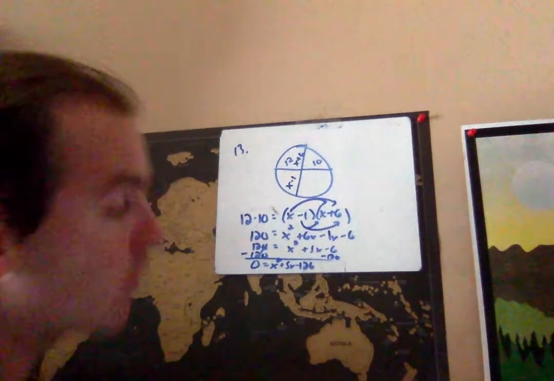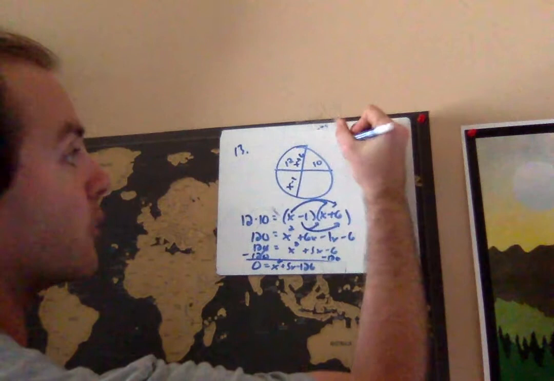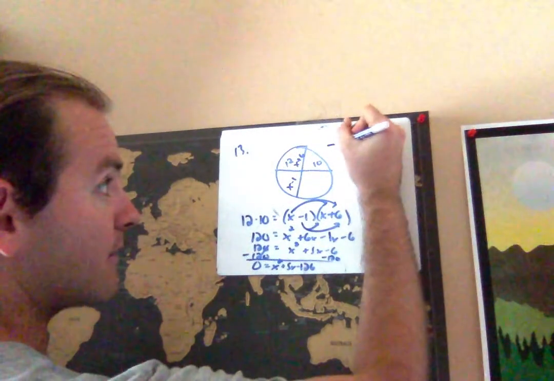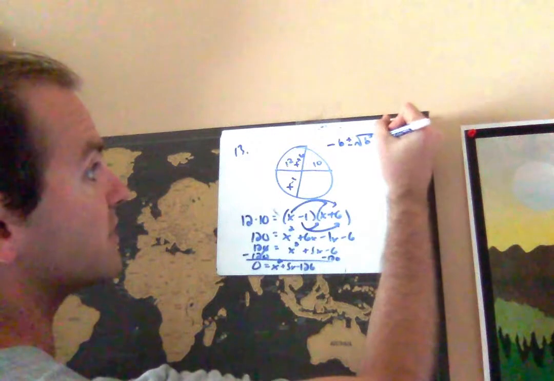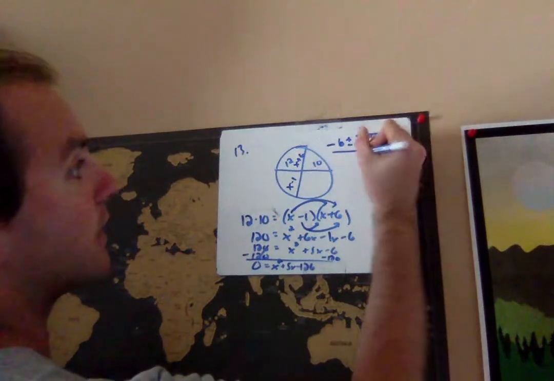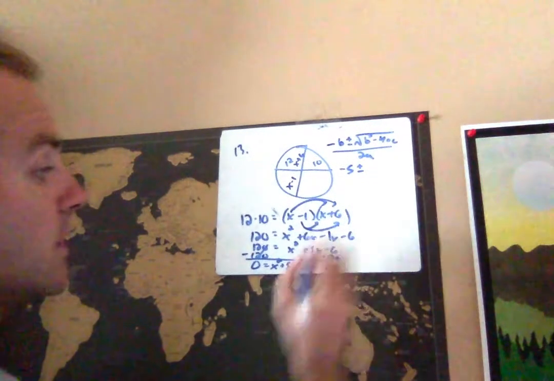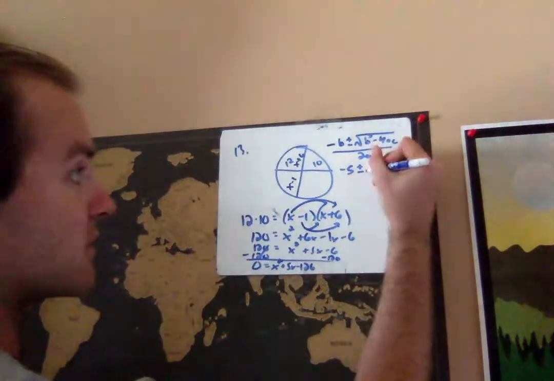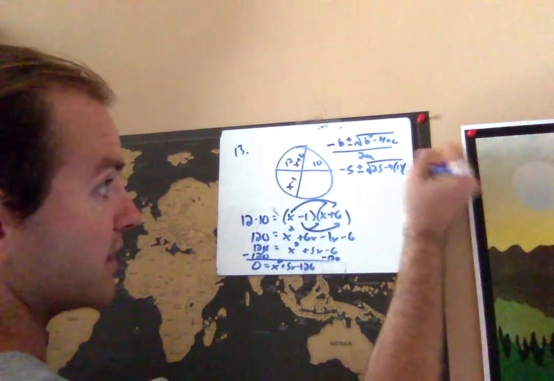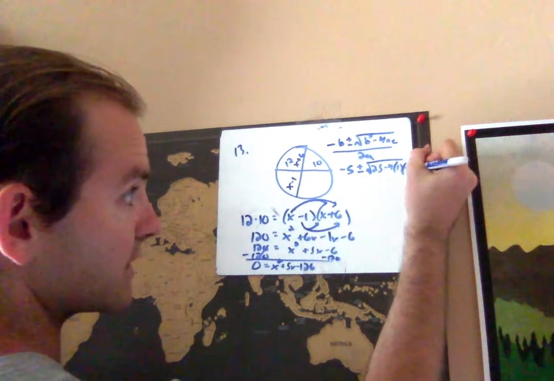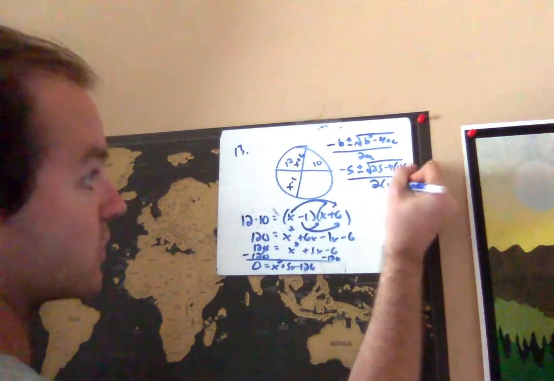So if you don't know, what you could always do is use the quadratic formula instead. The quadratic formula, if you remember, says negative b plus or minus the square root of b squared minus 4ac, all over 2a. So if I do that, I get as follows. Negative 5 plus or minus the square root of 25 minus 4 times 1 times negative 126, all over 2 times 1, which is 2.